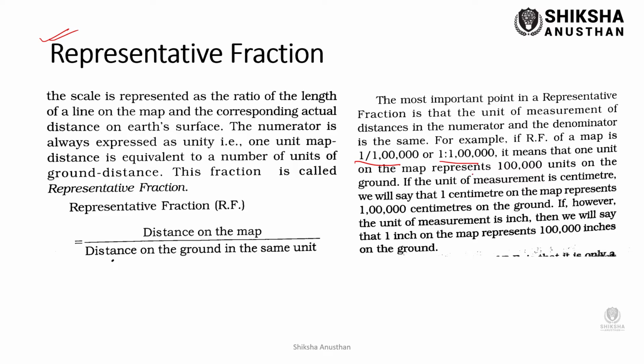If the unit is centimeter, then 1 centimeter on map represents 1 lakh centimeter on the ground, which means 1 kilometer. So 1 centimeter on the map represents 1 kilometer.